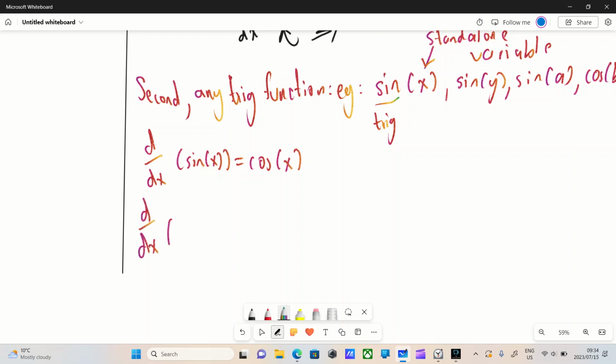Similarly, the derivative of, say, cosine y, because you notice we have a single trig function right here, and a single standalone variable, we just use the associated derivative. It will be negative sine y.